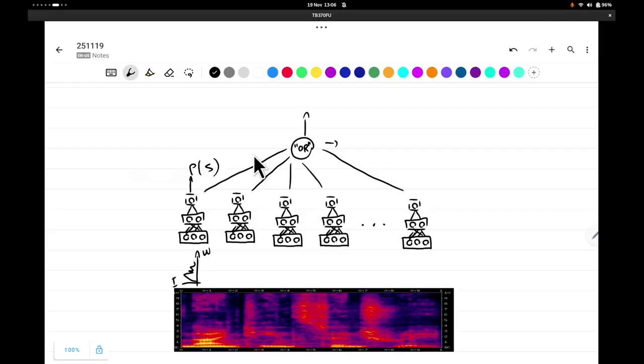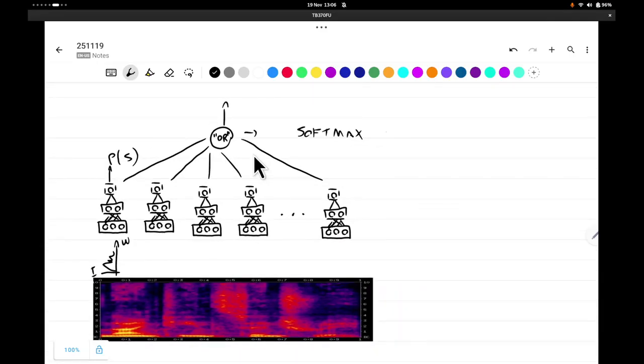And this OR will actually be a softmax, which is very used in the field. So it's always the exponential of the output over the sum of the exponentials of the outputs.